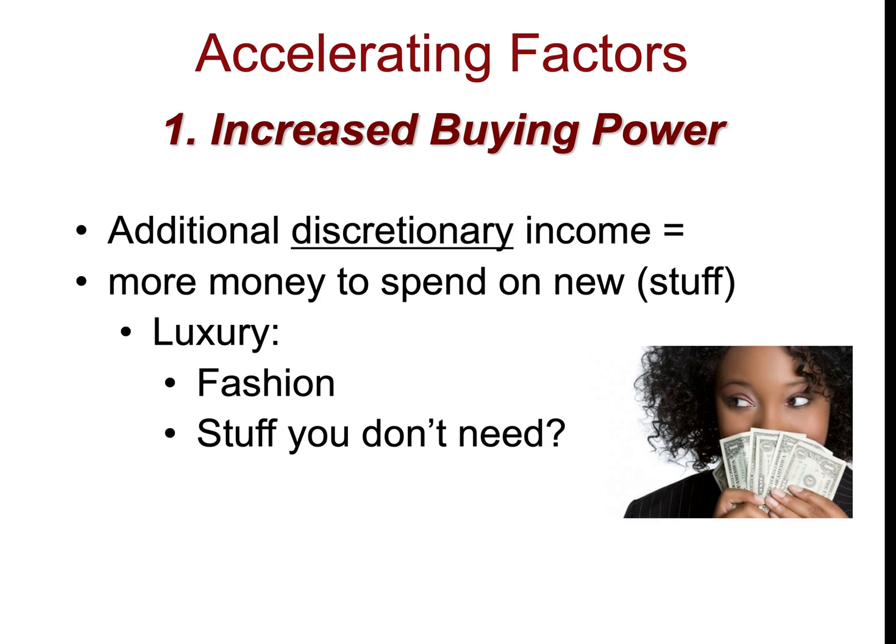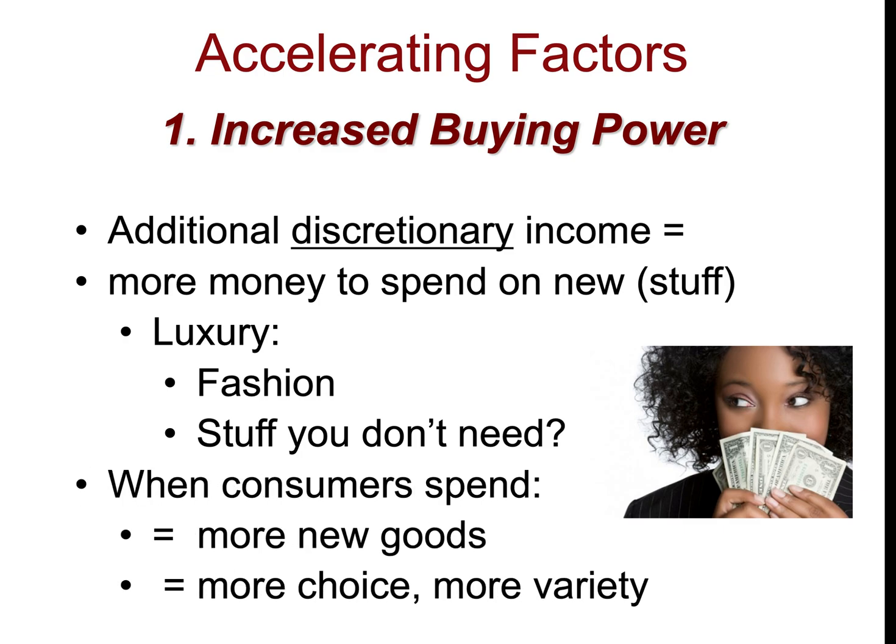It's a luxury. Clothing might be a necessity, but we don't measure basics in this trend idea. We really measure what's happening in fashion change. So when consumers spend, manufacturers are going to make more goods. There's going to be more variety out there and more choice. And that's an important aspect to understand.